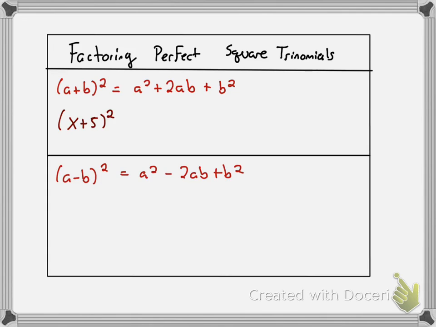Now what I could do with this is I could FOIL it. X plus 5 squared is just x plus 5 multiplied by itself twice.